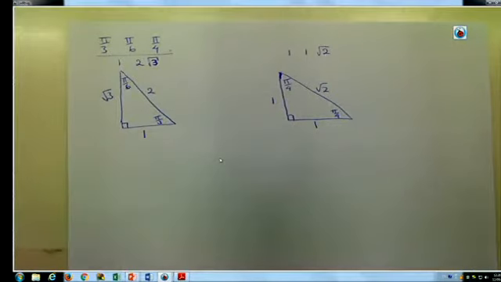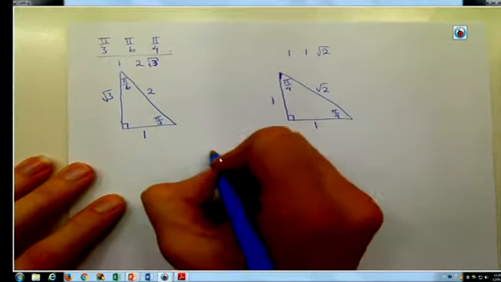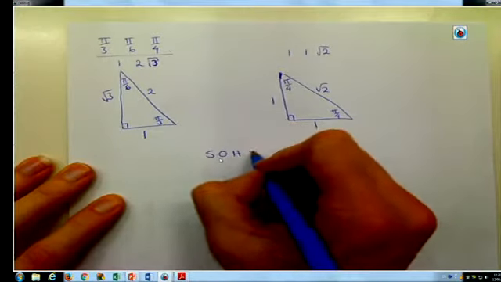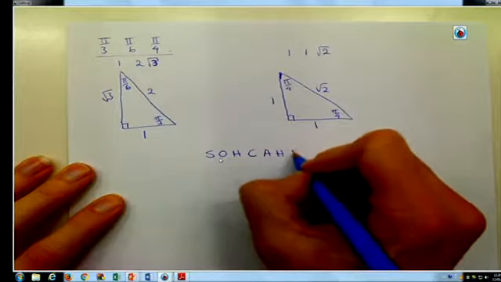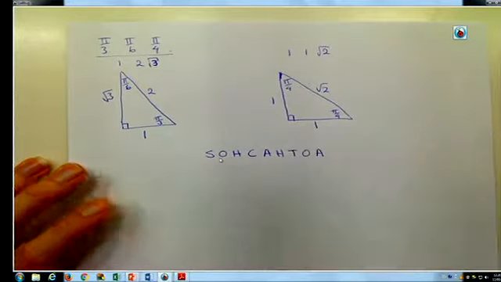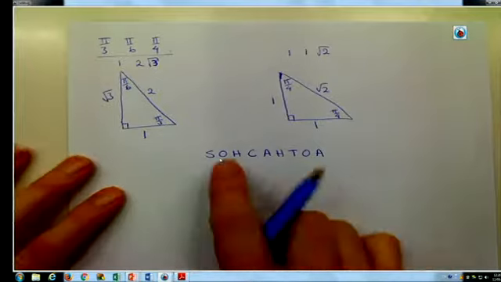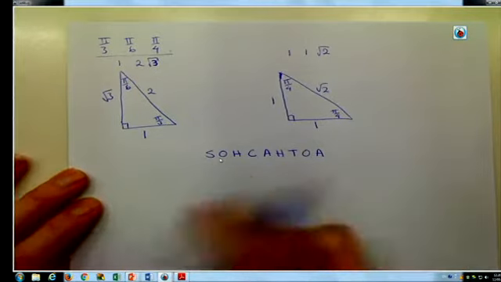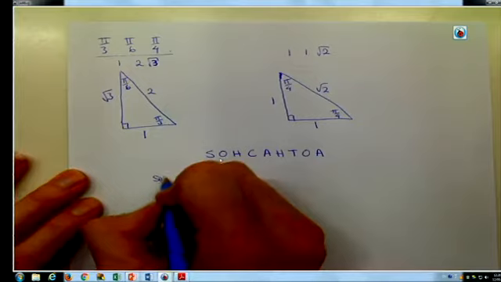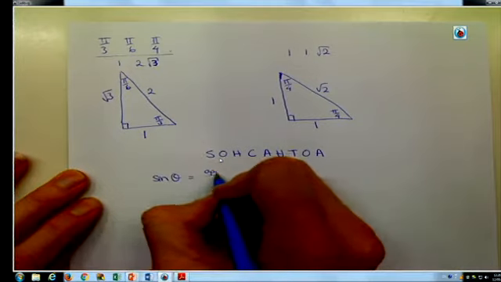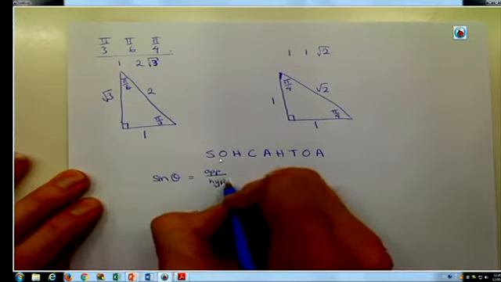The other thing you need to know is SOHCAHTOA, or some old hags, which I prefer. So some old hags can always hide their old age. That's much better than SOHCAHTOA. Who knows how to even spell SOHCAHTOA? All right, some old hags can always hide their old age. So this tells you that sine theta is opposite over hypotenuse.